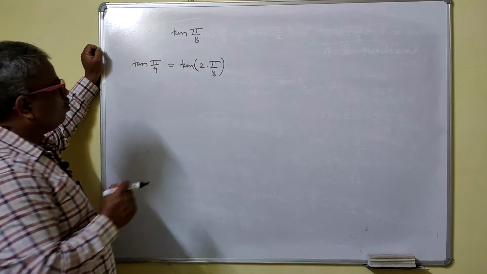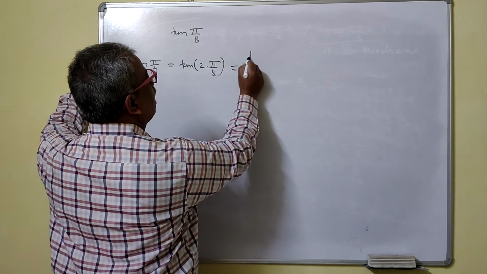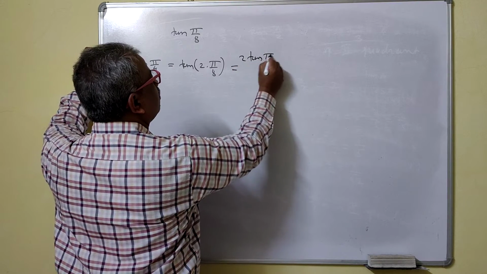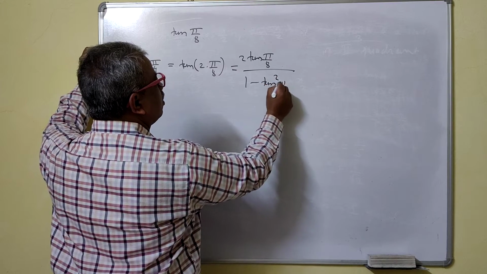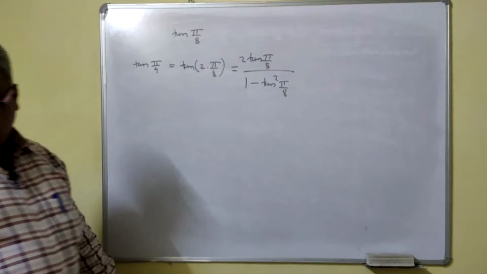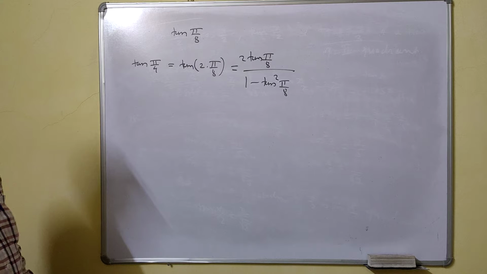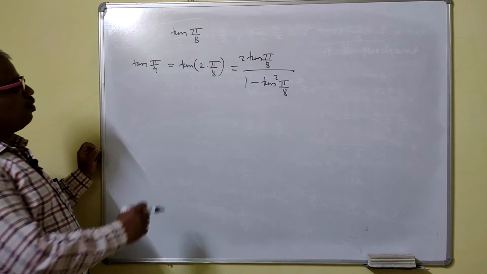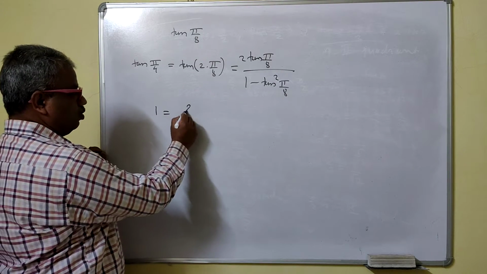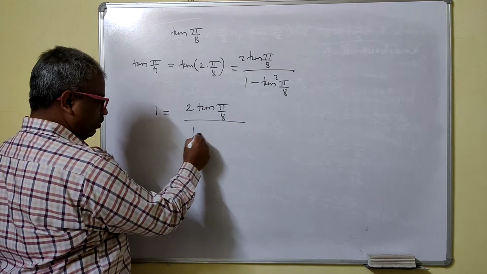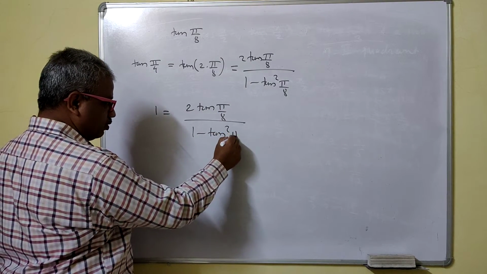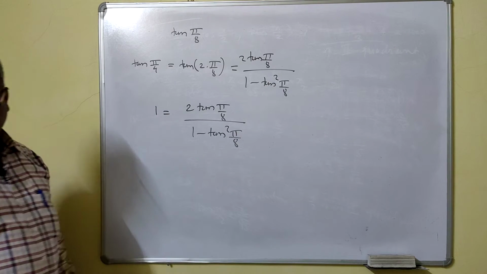What is the formula for tan 2 theta? Tan 2 theta is 2 tan theta upon 1 minus tan square theta, that means 2 tan pi by 8 upon 1 minus tan square pi by 8. Right? Now tan pi by 4 is 1. So this is 1 is equal to 2 tan pi by 8 upon 1 minus tan square pi by 8.